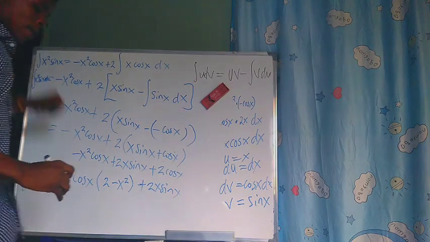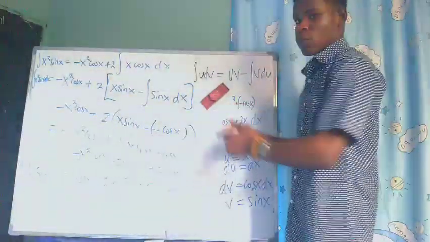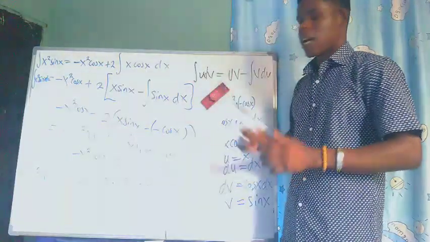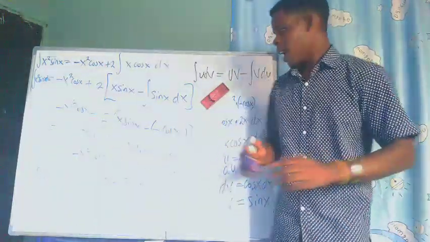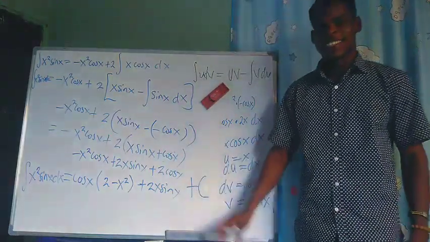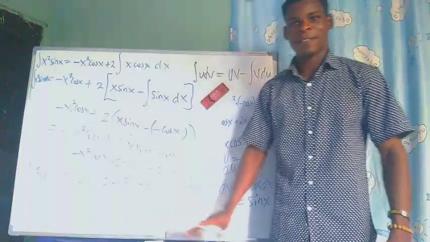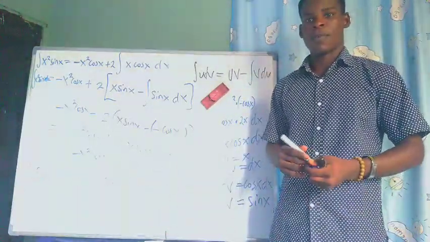Very nice. Everything is just knowing what you want to differentiate or integrate, using the formula appropriately and simplifying accordingly. And you remember to add the constant, very, very important, please, never forget. I forget sometimes, but always remember to add it.